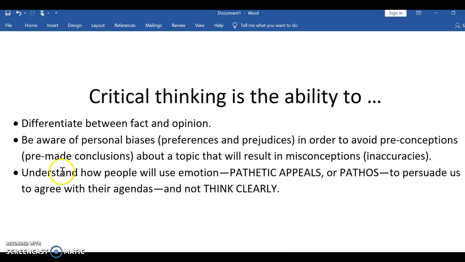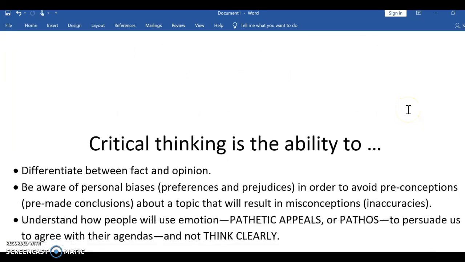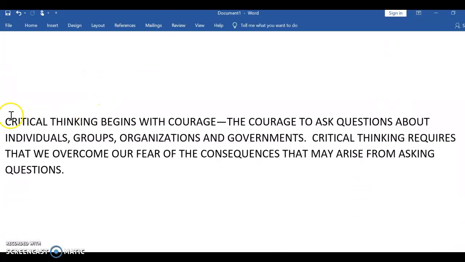Critical thinking is the ability to understand how people will use emotion, pathetic appeals, or pathos to persuade us to agree with their agendas and not think clearly. This is too cut and dried a definition, so I want to use this real-world scenario to present another possible definition of critical thinking for you to consider.